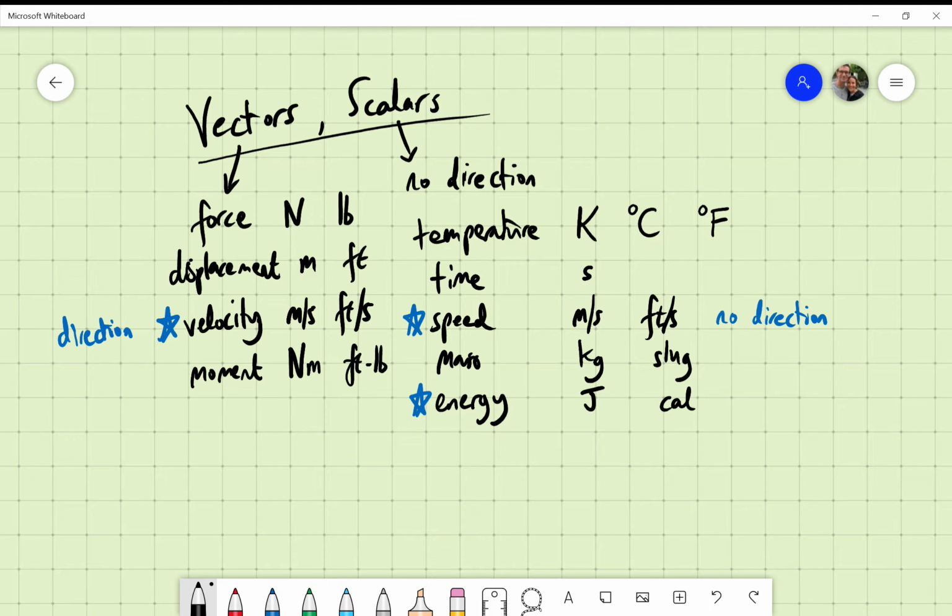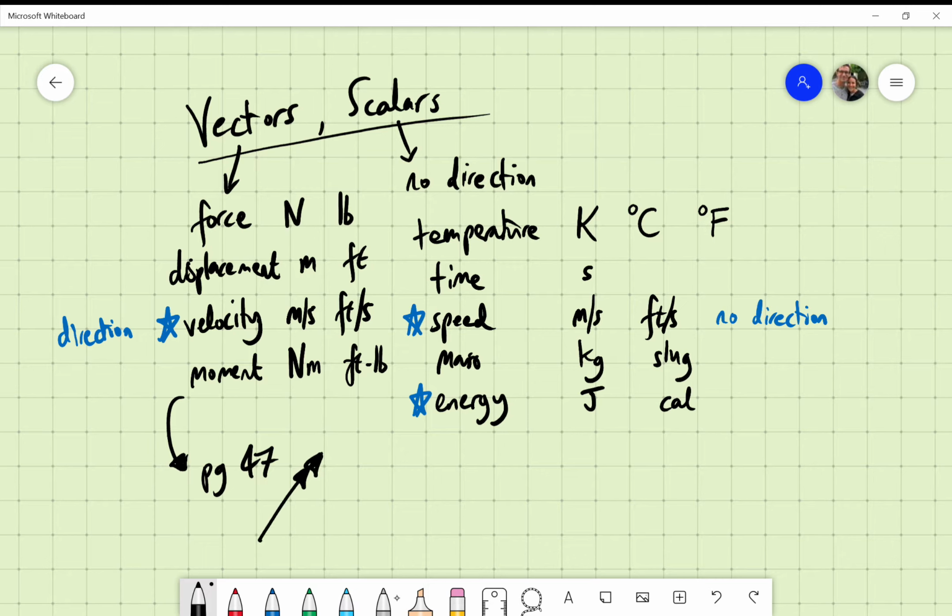Moments do have direction, but they have a rotational direction, so it gets a little more complex. If you want to get into how moments work as vectors, if you want an extra extension, then just read page 47. I recommend this really only for the 11th and 12th graders, but it'll show you how there's a special type of vector we can draw. It's called a double-headed vector.